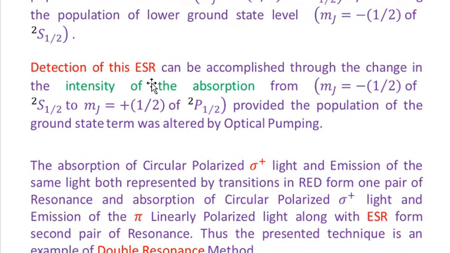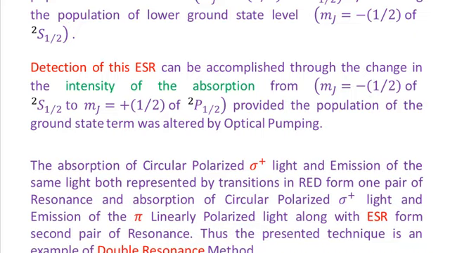Detection of this electron spin resonance can be accomplished through the change in the intensity of the absorption from Mj equal to minus half of the S1/2 level to Mj equal to plus half of the P1/2 level. During this process, the change in intensity can be observed provided the population of the ground state term was altered by optical pumping.